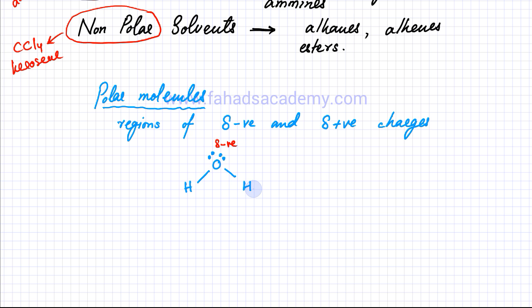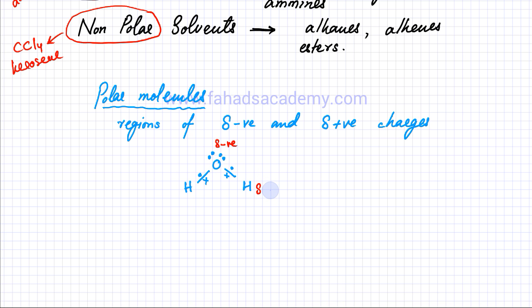Similarly, hydrogen only has one electron which is being shared with the oxygen atom. So this hydrogen also is sharing one electron. Now, hydrogen just has one electron, which exposes its nucleus. So this hydrogen atom, its nucleus is very exposed.